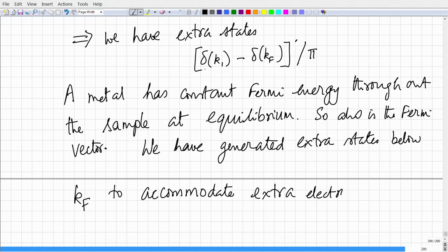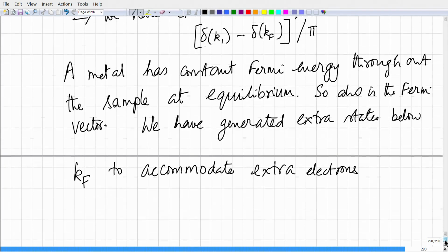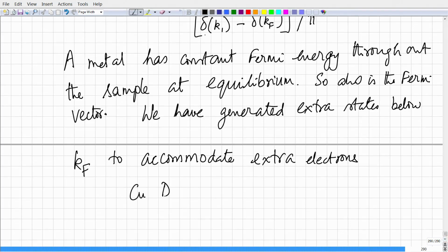It may be either positive or negative because it depends upon what impurity you have doped. For example, let me consider the case of copper, dope zinc in copper, then we have one extra electron.